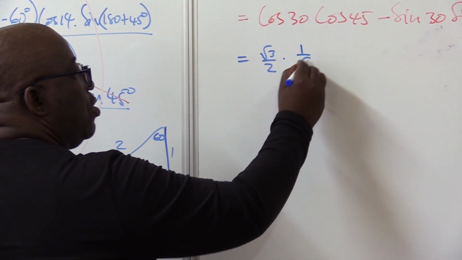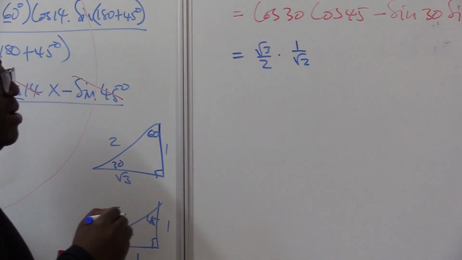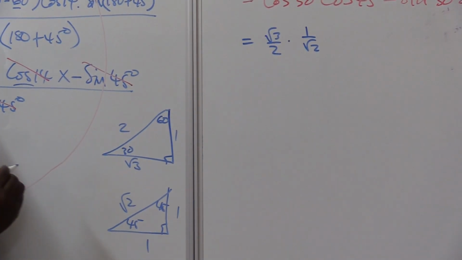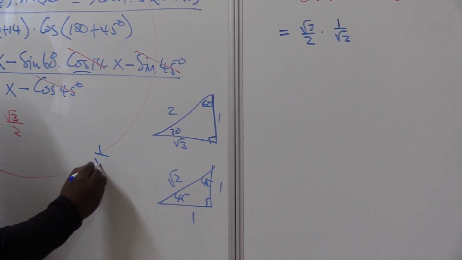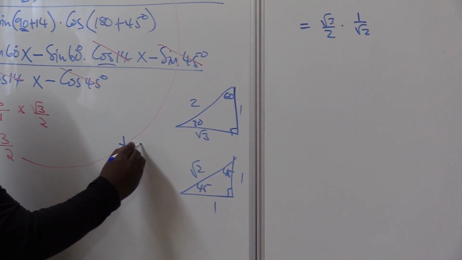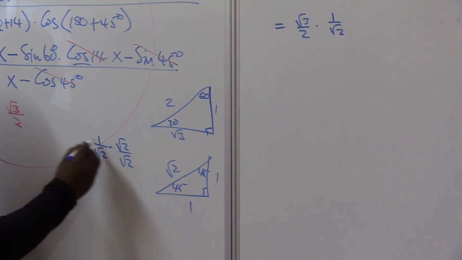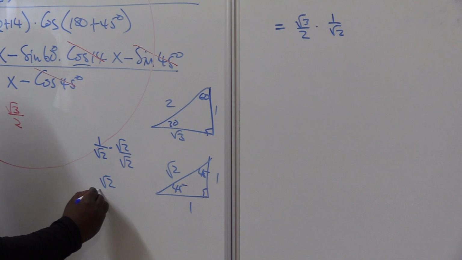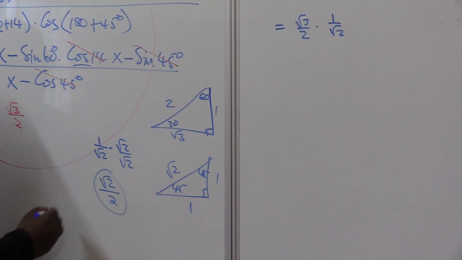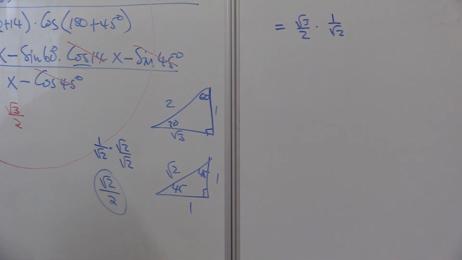1 over root 2. Remember, this is the same as, let me just work it out here. If I've got 1 over root 2 times root 2 over root 2, this will be root 2 over 2. So it is the same as this one. You can put it in that form or in this form.